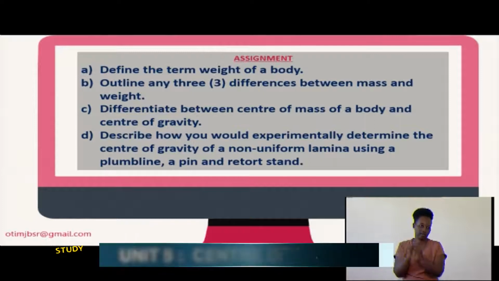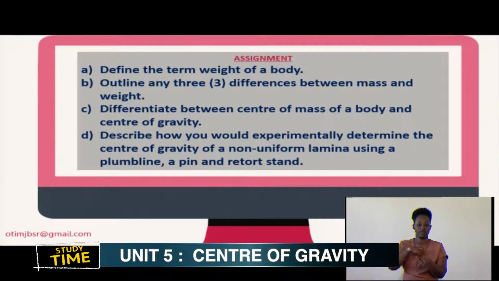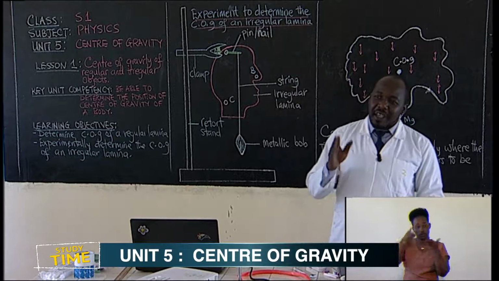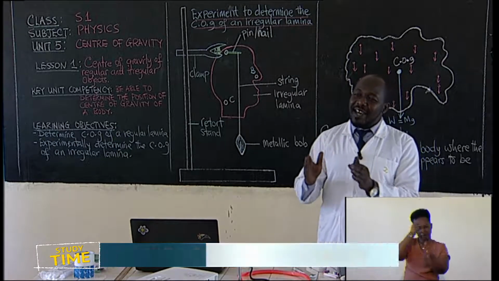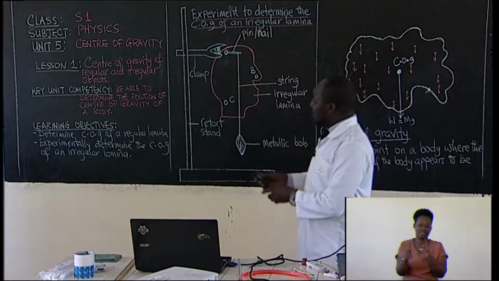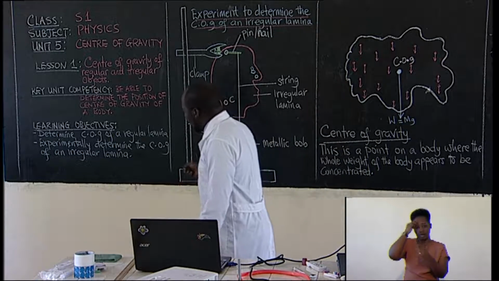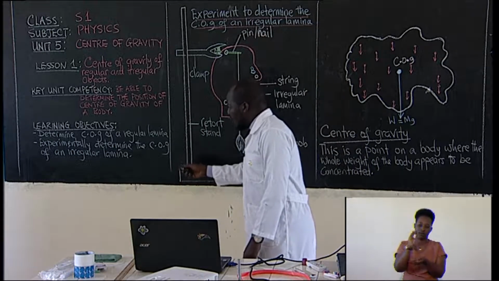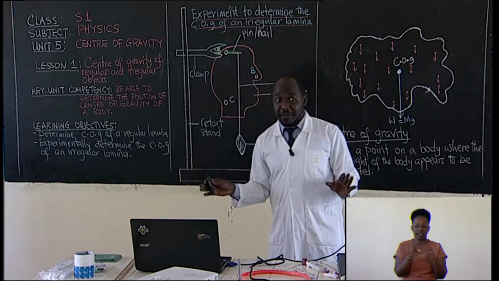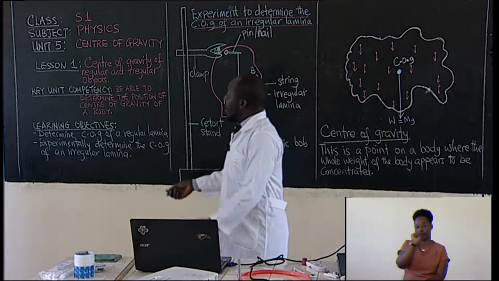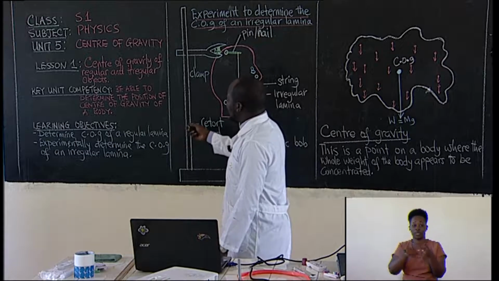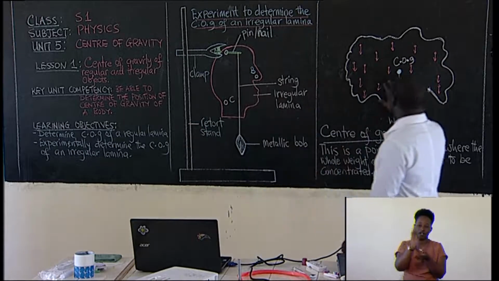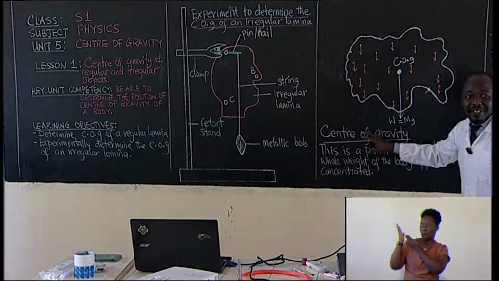So in summary, as we end our lesson today, remember, every one of you must have taken these learning objectives into account. Determining center of gravity of a regular and irregular lamina. I hope we have been able to do that. We have also been able to define center of gravity of a body. It is right here, center of gravity, okay?